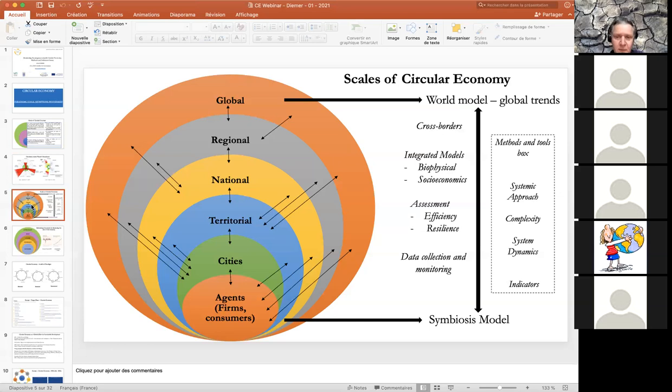So biophysical is very important, but very hard to design. And sometimes it's not easy to design biophysical models at every level. I mean, the global could be easier, but the more you go to the local levels, for example the city level, the harder it is to model.